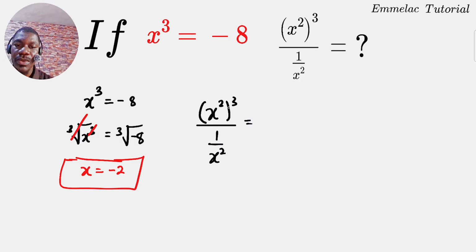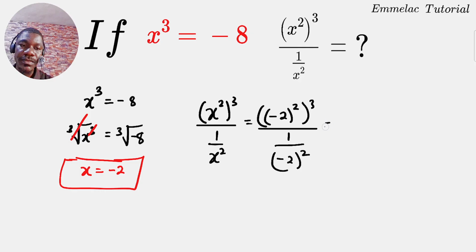So here we have negative 2 all raised to 2 all raised to 3, then all over 1 over negative 2 all raised to 2. So from here, the whole of this gives us 4, right? So here we have that 4 raised to 3, then all over the whole of this also gives us 4. So here we have 1 all over 4.